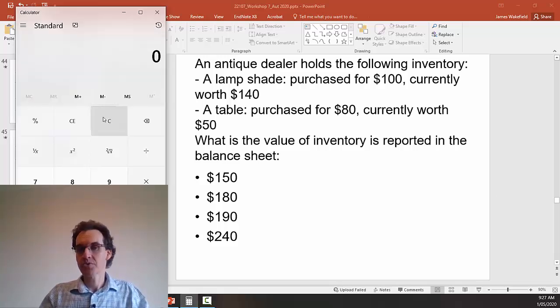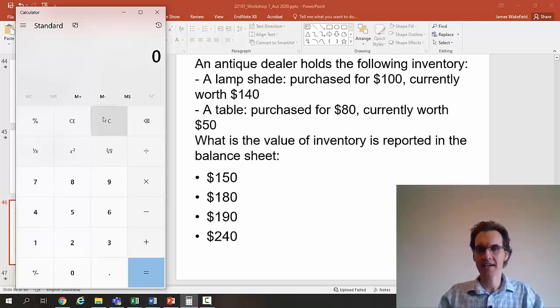Remember, when applying this rule, you choose either the lower of cost or the net realizable value. The lampshade was purchased for $100, but it's currently worth $140. We apply the lower of cost or net realizable value. In this case, the cost is the lower one, so we go with 100. For the table, they purchased it for 80, that was the cost, but it is now worth 50.